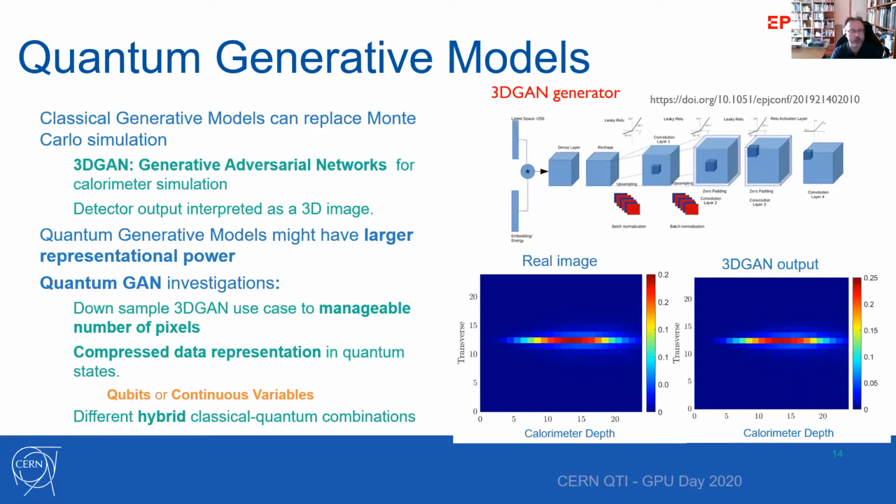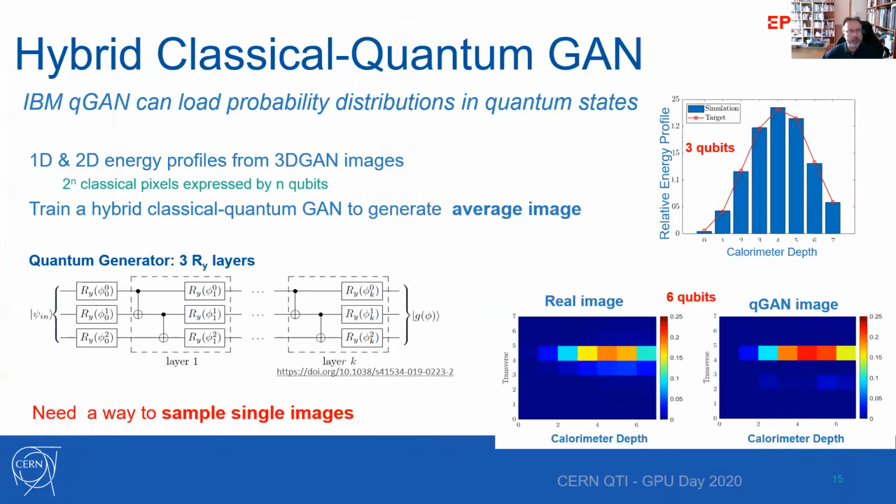So we have started looking at this aspect, with a sort of hybrid approach that puts together the two parts of the generative and the adversarial networks, combining one quantum network and a classic network as an initial experiment.